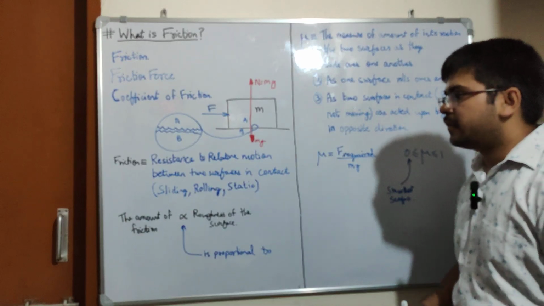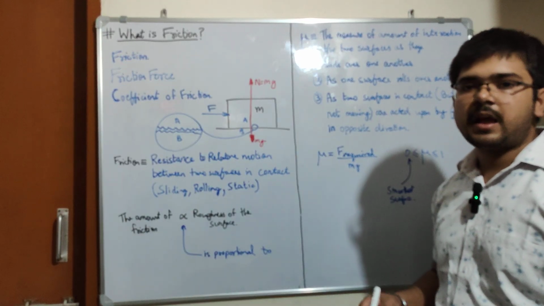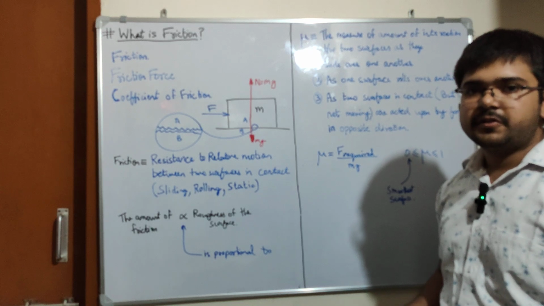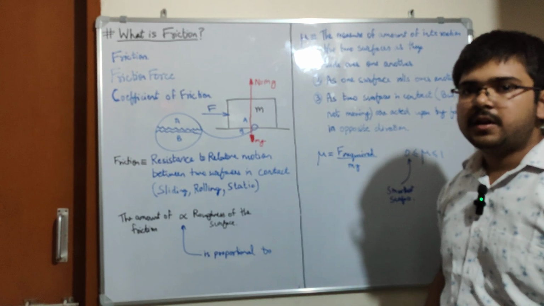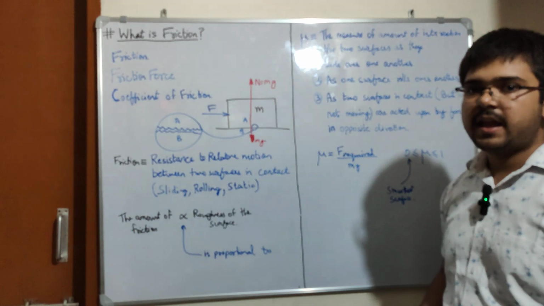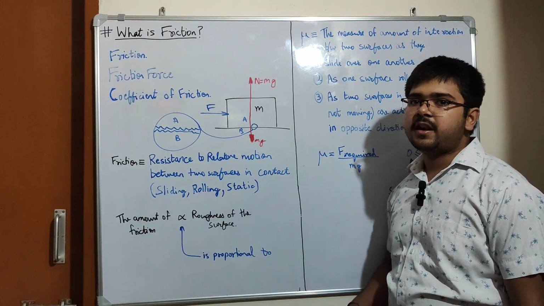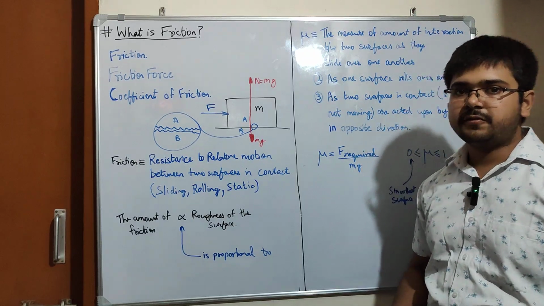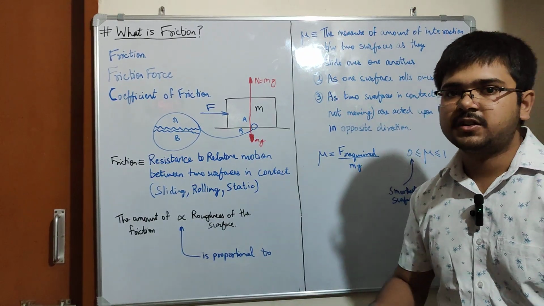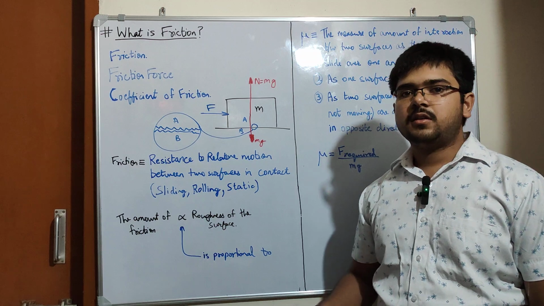So for operating some machines, we'll have to use friction as little as possible, but for some other machines like trains, we have to lessen the friction between the wheels and the rails.